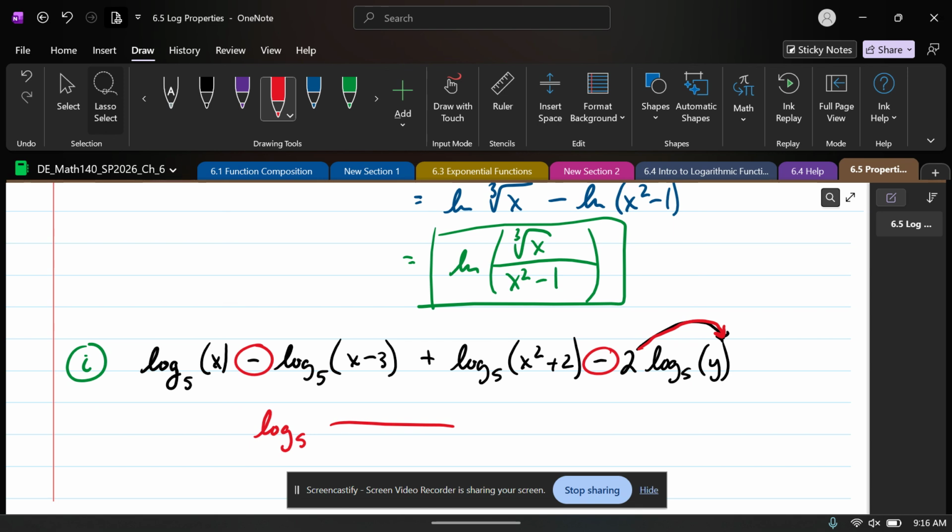I'm going to have the x minus 3 down there, and then that's going to be y squared. Those two things go to the bottom because they had minus signs on. The other stuff is positive. So positive things are going to go to the numerator. So we're going to have the x times the x squared plus 2. I'll put the x in the front there.